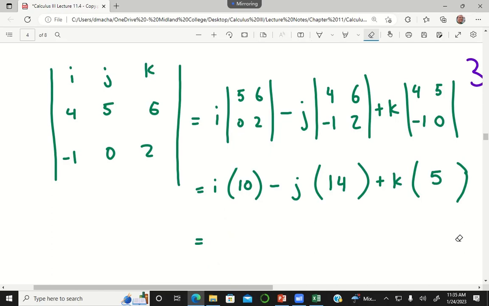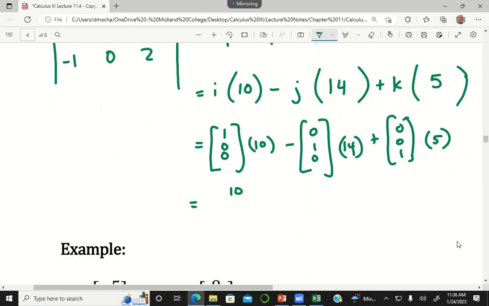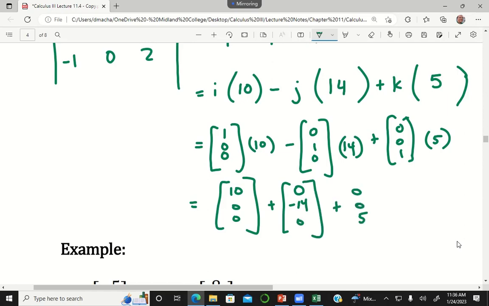I skipped a step, so I'll write it out. i is 1, 0, 0 times 10. j is 0, 1, 0 times negative 14. And then k is 0, 0, 1 times 5. So this is going to be 10, 0, 0 plus 0, negative 14, 0 plus 0, 0, 5, which is equal to 10, negative 14, 5. Okay?